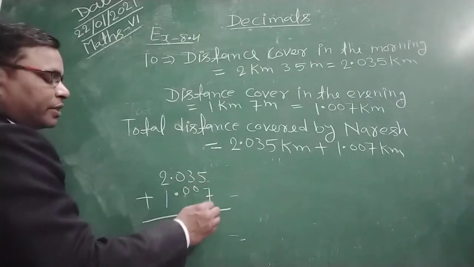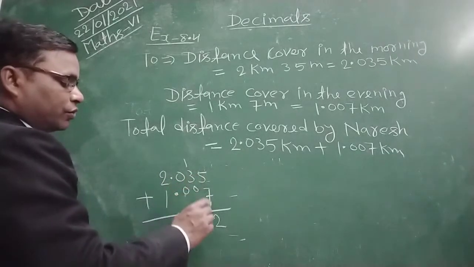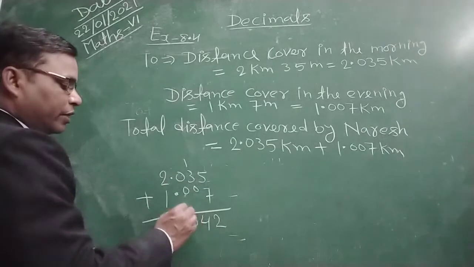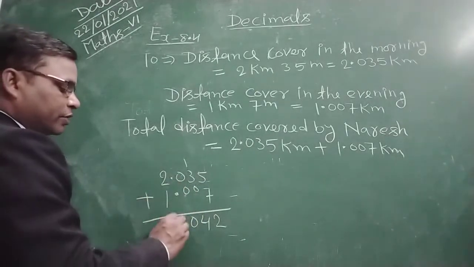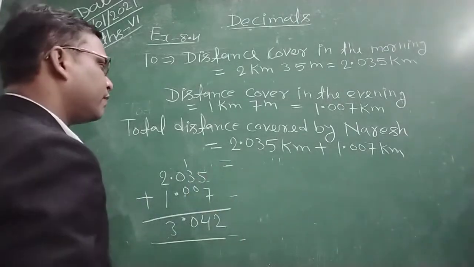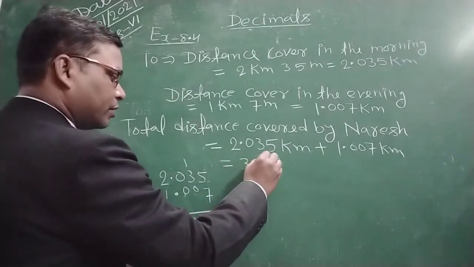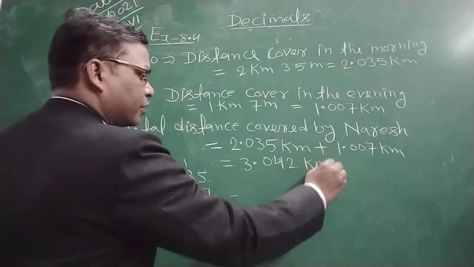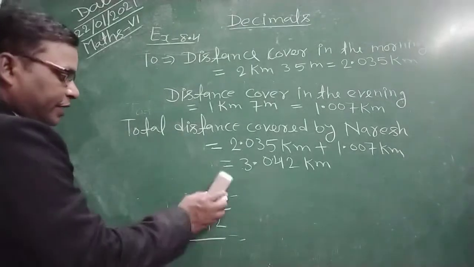So 5 plus 7 is 12, carry 1. 1 plus 3, 4. 4 plus 0 is 4, and 0 plus 0, 0. We put down the decimal below the decimal, and 2 plus 1 is 3. So you can see here, the total distance is 3.042 kilometer. This is clear?